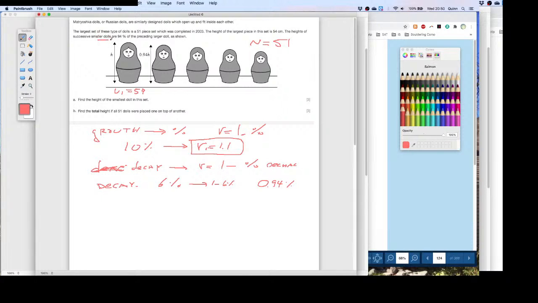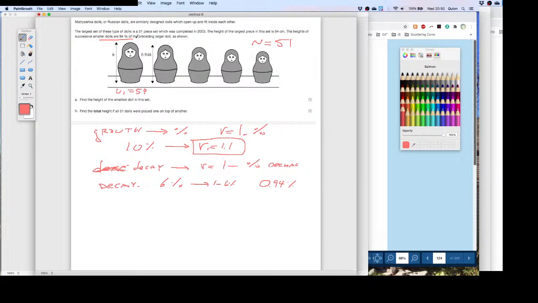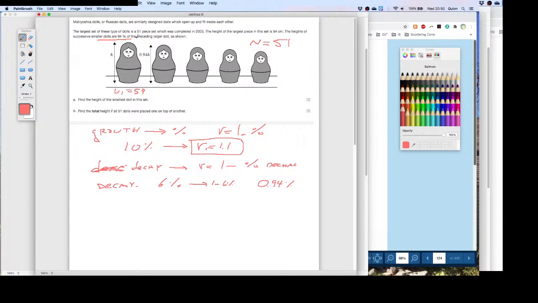They just tell you that the next doll is 94% of the preceding larger doll. So they tell you already what the decay rate is. So for this question, you already know that r is 0.94. And then you have Un is equal to U1 r to the n minus 1. So you can start using these formulas anytime you want.